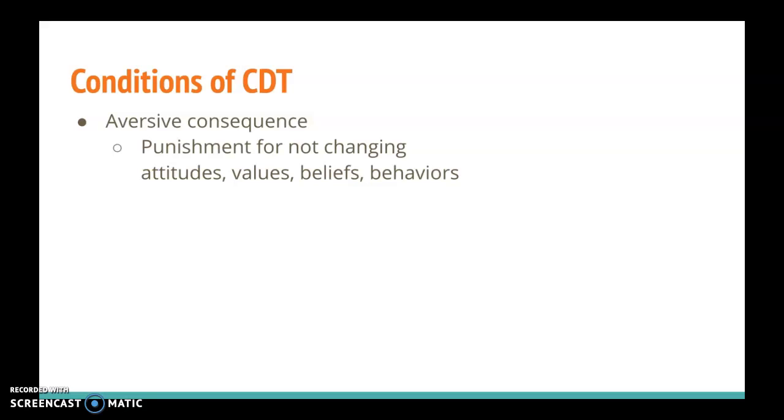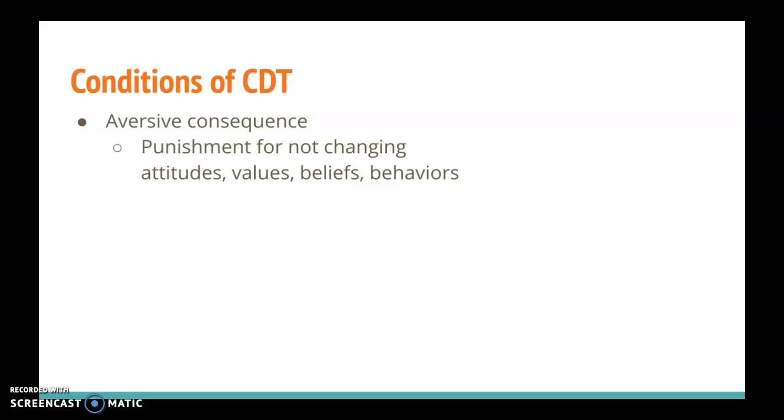So let's go back to our smoker, for example. If I was the friend of said smoker, and I said something to them like, if you don't stop smoking, then we can't hang out anymore, that would be a potential punishment to the smoker, to the listener, to the person that I am trying to persuade. The fact that we are no longer going to be spending time together should be seen as an aversive consequence to smoking.